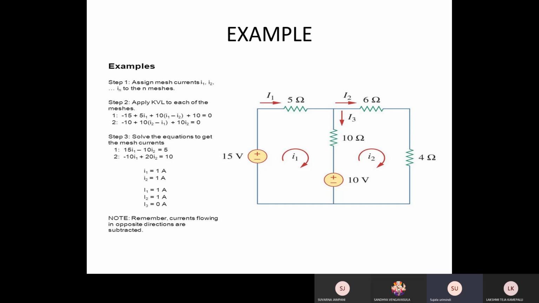When the second loop is taken as plus to minus, it is 10 into I2 minus I1. Like that you have to write. When you have written all the equations, you solve them by the direct equation method or by Cramer's method. This is the example of the KVL.